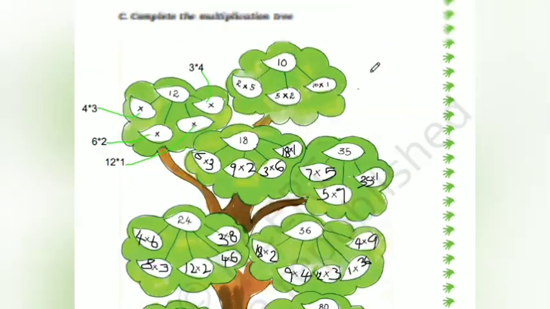Okay. Then next, 80. The answer is given here. That is 8 times 10 is 80. 4 times 20, 80. 2 times 40, 80. 1 time 80, 80. 16 times 5, 80. Likewise, we have completed this tree.